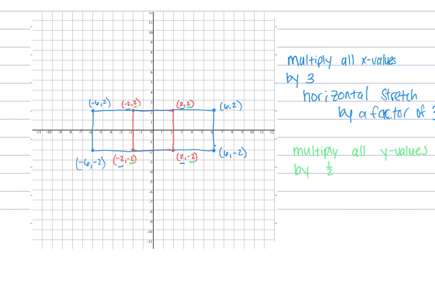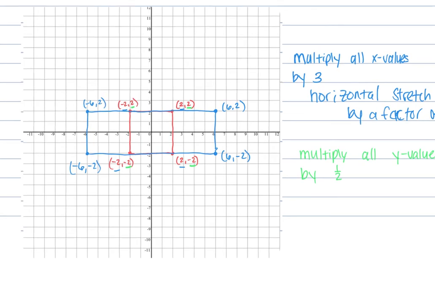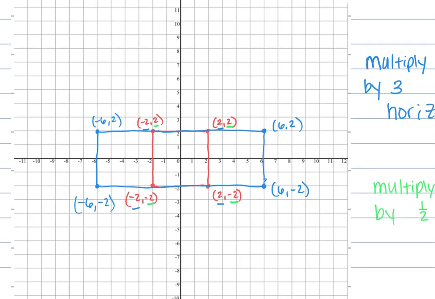And then multiply them by 1/2 and plot the updated coordinate, from the original square. Don't use the blue coordinates. Use the red ones. Multiply those y values by 1/2 and then tell me the updated coordinates.